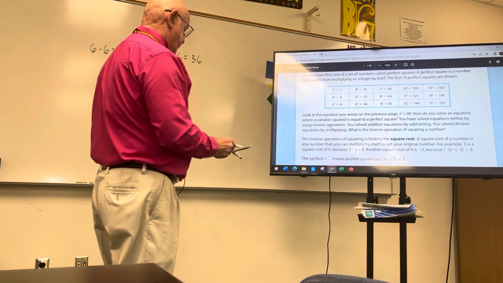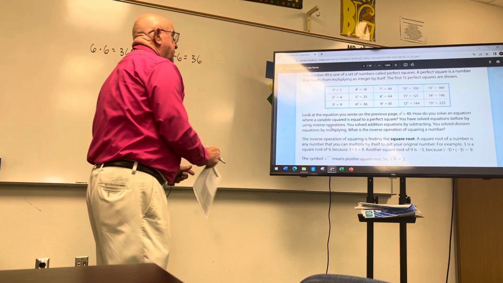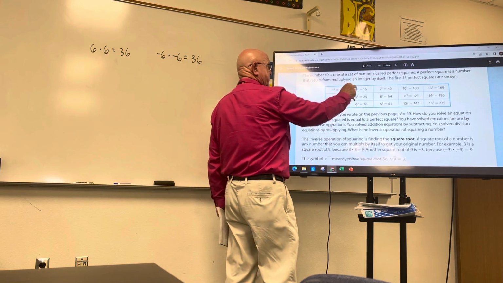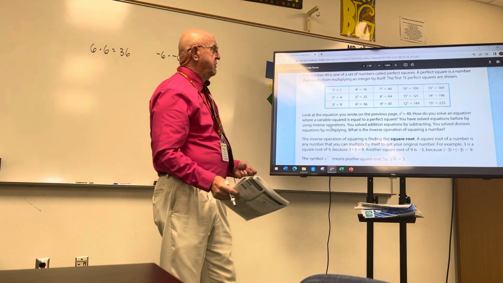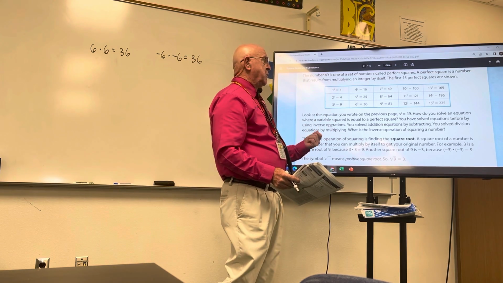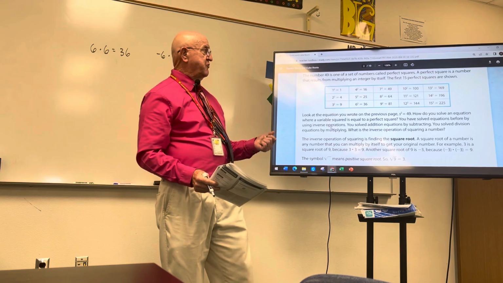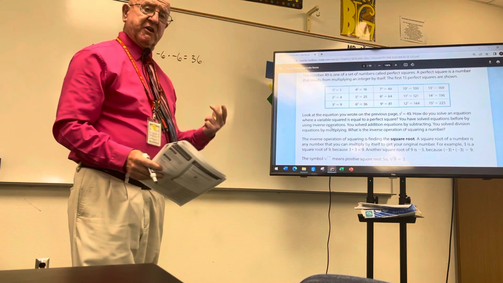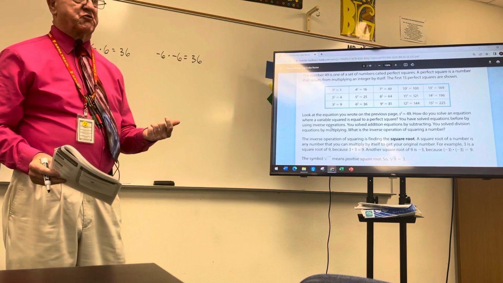So in this case, what we're looking at are all these perfect squares. 1, 4, 9, 16, 25, 36, 49, 64, 81, 100, 121, 144, 169, 196, and then the final one is 15 squared, which is 225.